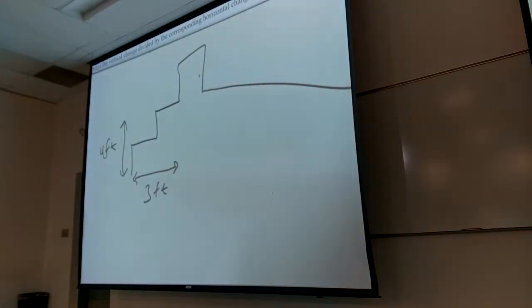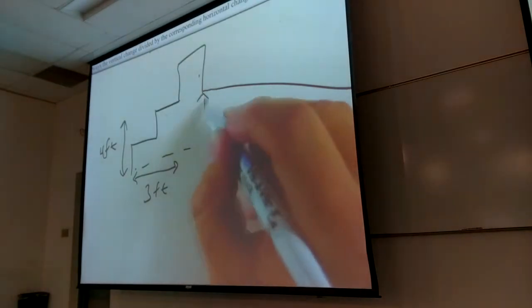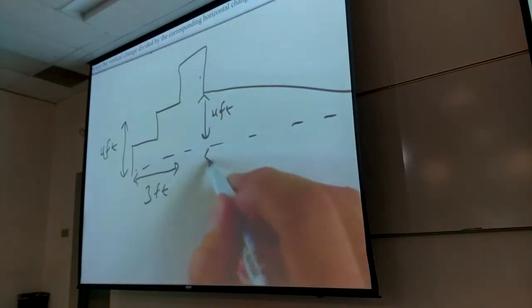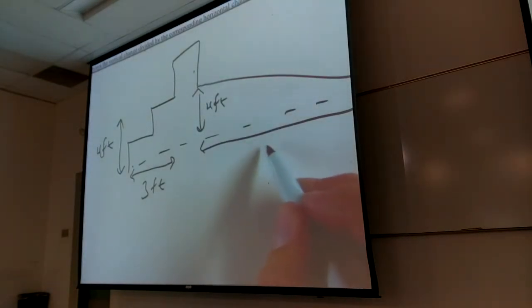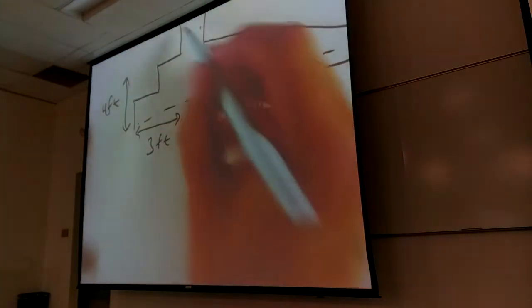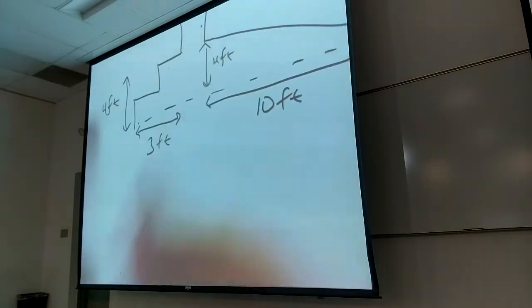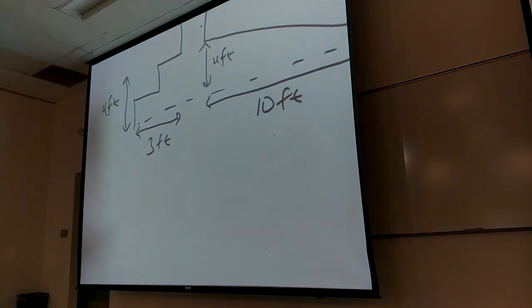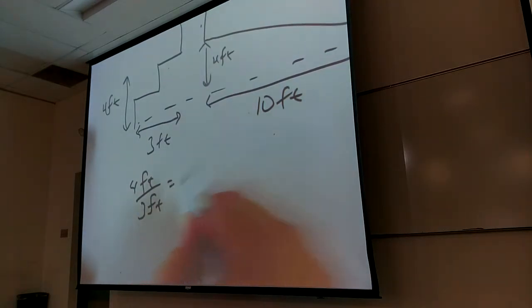And let's say for the ramp, it's 4 feet. But in, let's say, no, 10 feet. So what's the slope of this? What's the slope of this? The average rate of increase in your height would be 4 feet per 3 feet. Right?